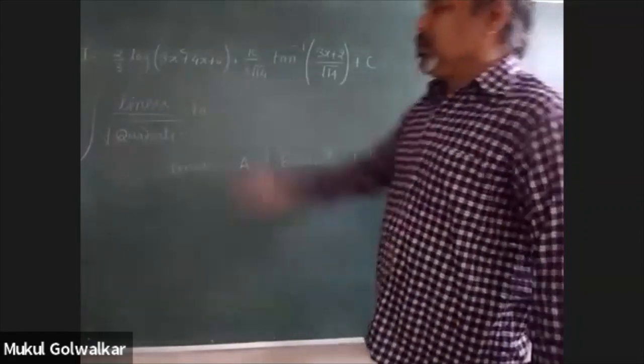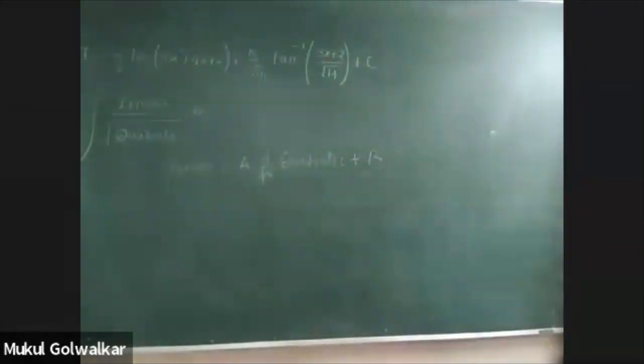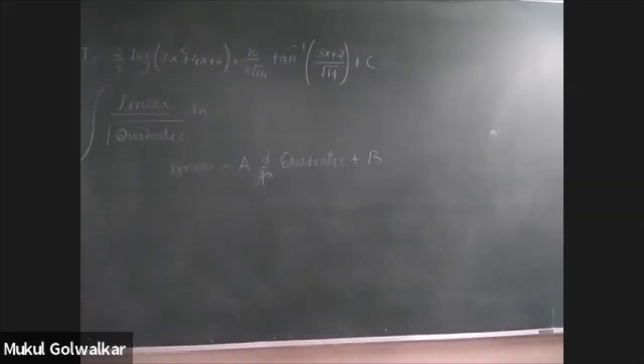Okay, so now try to find out solution of one question. I am not solving, you please try to solve the question now. This time, any question from your side? Okay, I am giving a question from my side.